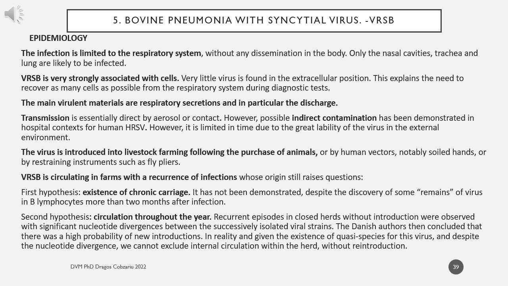Recurrent episodes in closed herds without introduction were observed with significant nucleotide divergences between the successively isolated viral strains. The Danish authors then concluded that there was a high probability of new introductions. In reality, given the existence of quasi-species for this virus, and despite the nucleotide divergence, we cannot exclude internal circulation within the herd, without reintroduction.